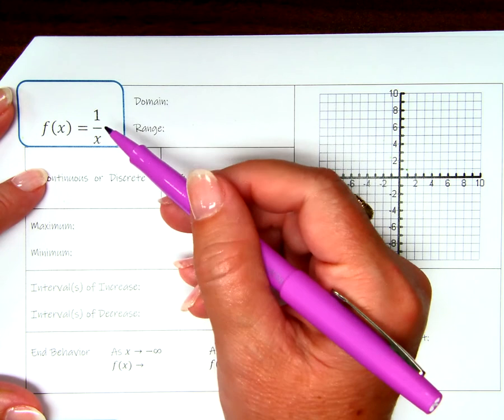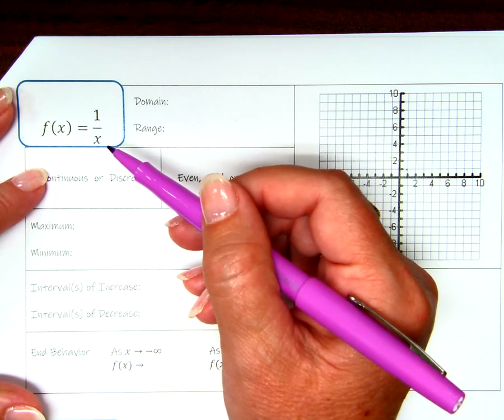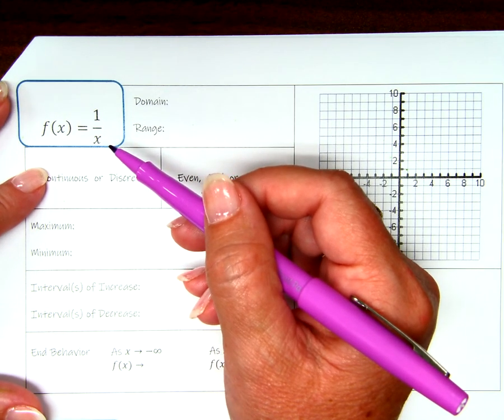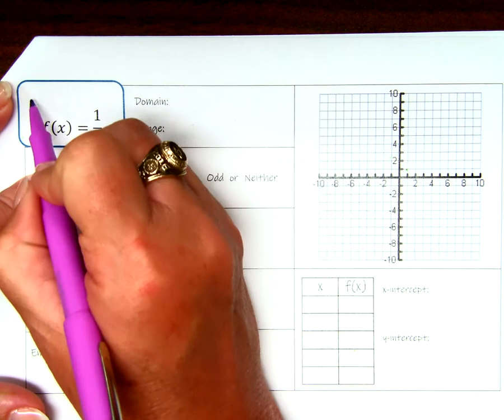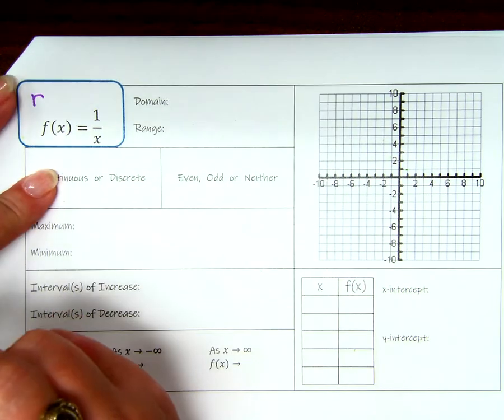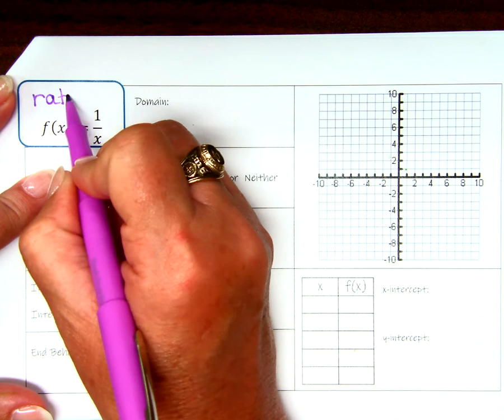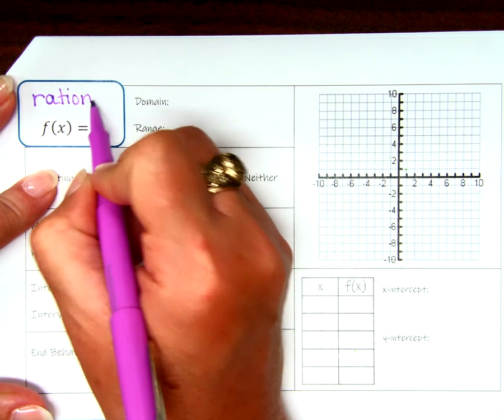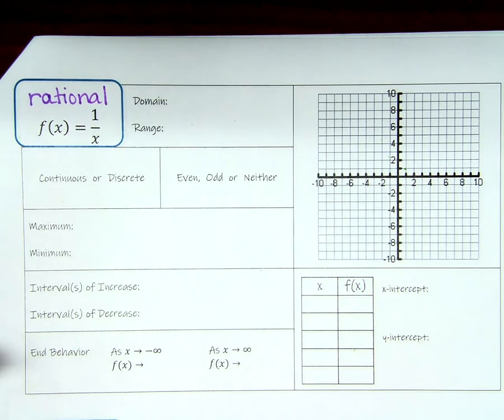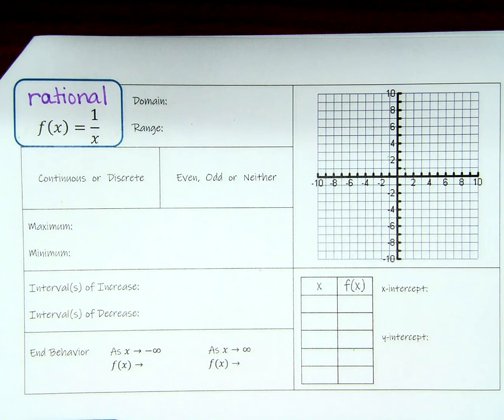Well, what does it look like? A fraction. What's another name for a fraction? Ratio. So what if we call this a rational function? Would that make sense? Yeah? Okay. Any questions about that?